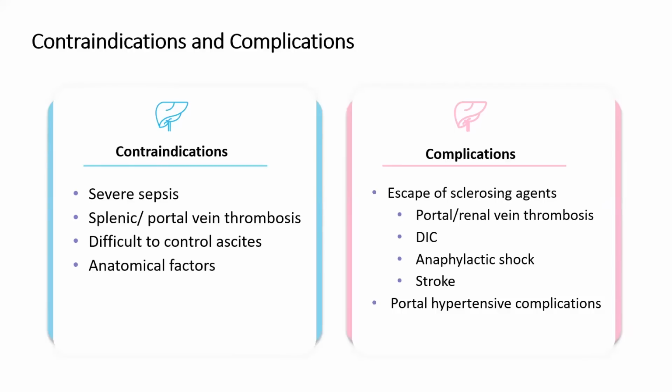Anatomical factors may play a role. And complications, I briefly touched upon this. Now, if you have escape of this sclerosing agent, you can have portal and renal vein thrombosis, disseminated intravascular coagulation, even anaphylactic shock or stroke. And we talked about portal hypertensive complications.